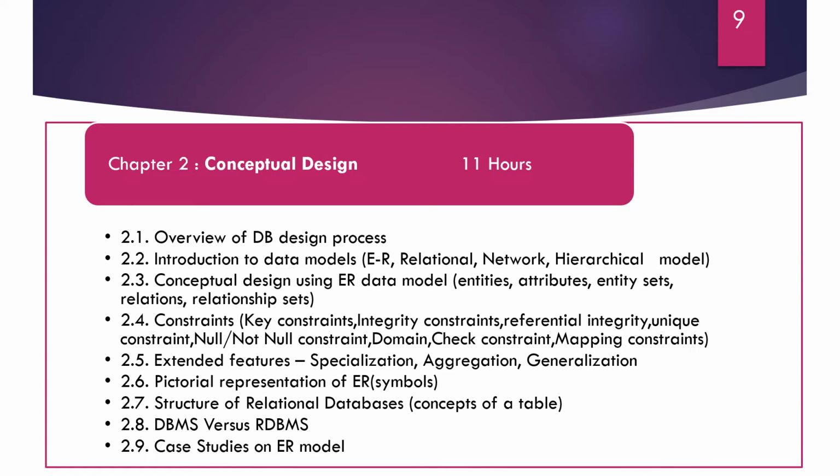2.4 is constraints. On this ER model, some constraints are added. These constraints are key constraints, integrity constraints, referential integrity, unique constraint, null or not null constraints, domain constraints, check constraints, mapping constraints that we are going to discuss here. 2.5 is extended features.